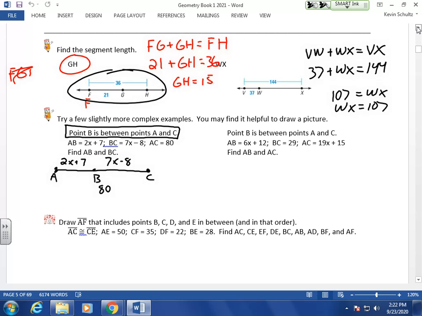Okay. Notice how my 2x plus 7 is not scrunched over to the left. It's not scrunched over against point B. It's right in the middle. Same with 7x minus 8. I didn't write it right next to point B or over by point C. It's right in the middle. 80 is right in the middle of points A and C. That's how I know it corresponds to the whole thing. Okay. It's in the middle of the segment that it describes.